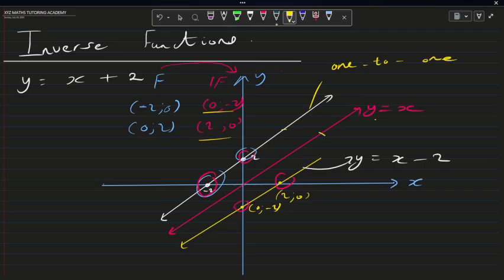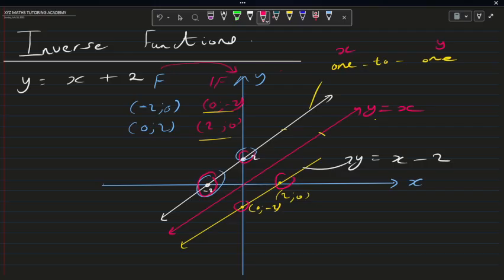It's a straight line, so this is a function because there is one to one. This is the x in relation to the y, so every x value is linked to one y value. Now remember, when we are talking about the inverse function, we are swapping the x and the y.